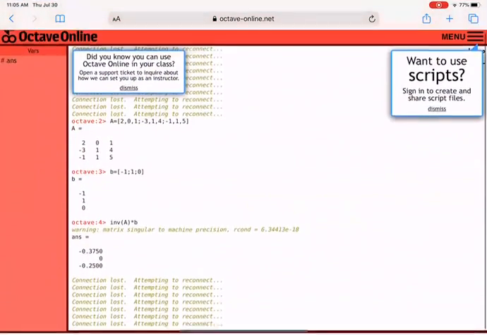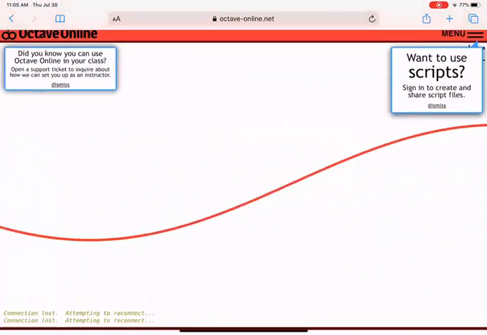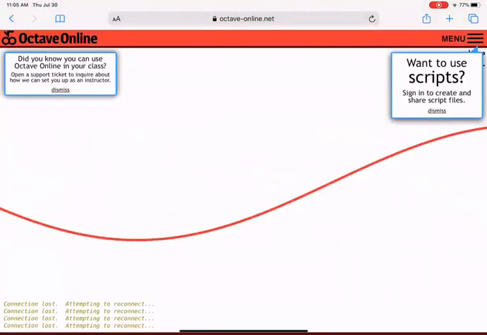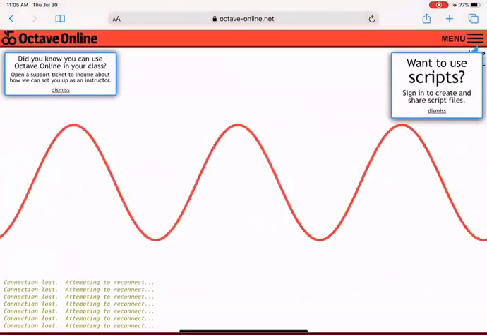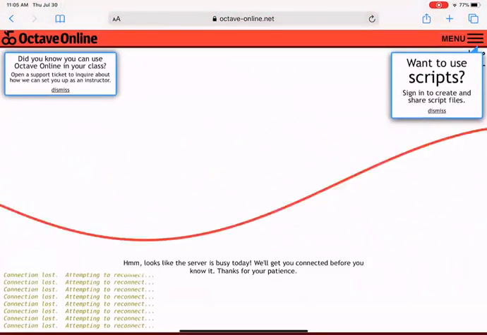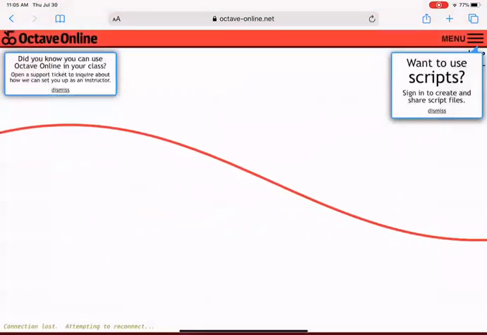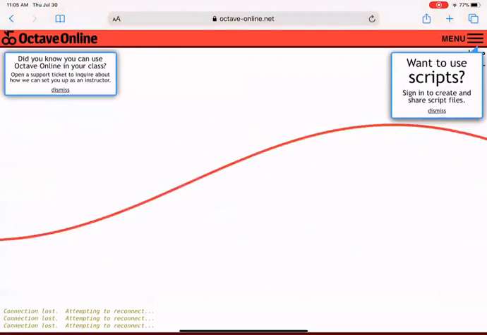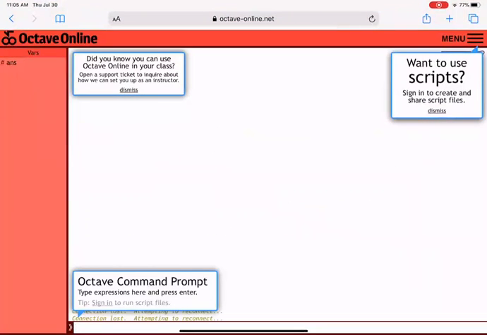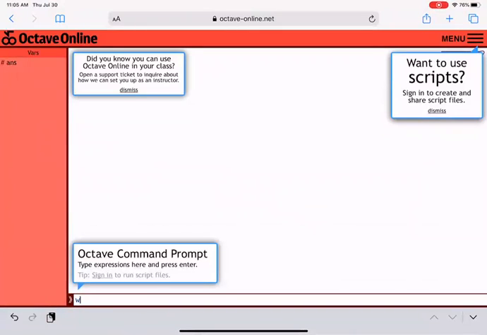Oh, let's see. Does it got to refresh? Connection lost, attempting to reconnect. What I hate about the iPad is that it doesn't connect so well. One more time. There it is. So my A, or let's call it W. There we go.